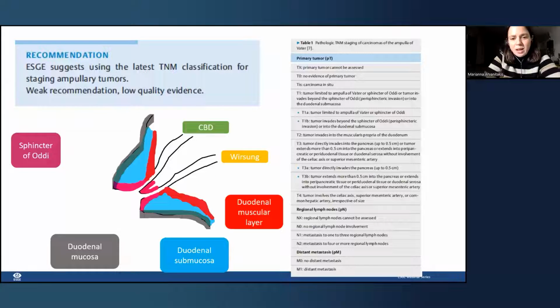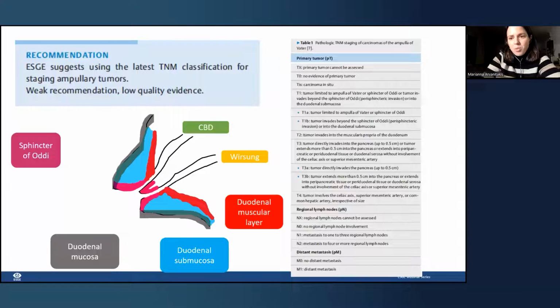And what Marc pointed out is that it's very difficult to discern between T1 and T2, and further between T1a, which is when it's limited to the ampulla of the sphincter of Oddi, and when it invades the duodenal mucosa.